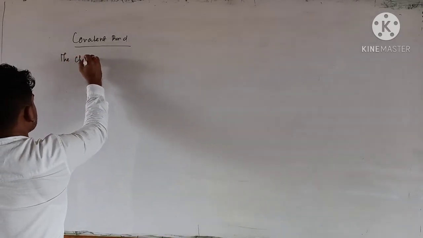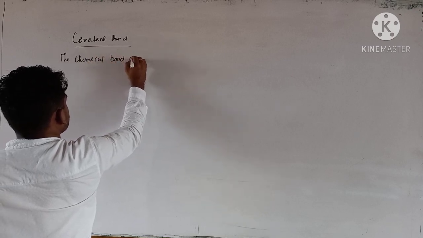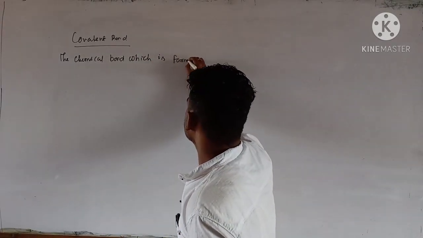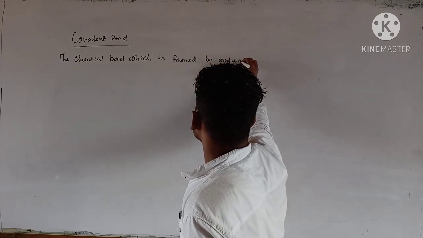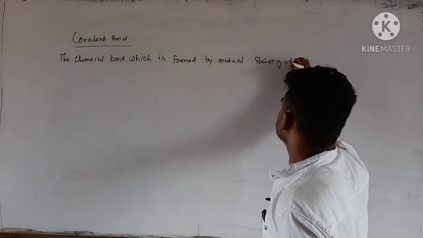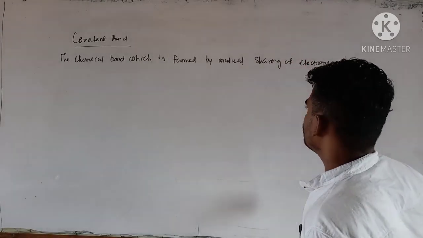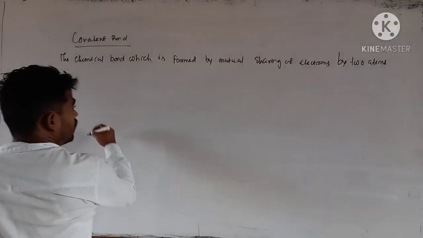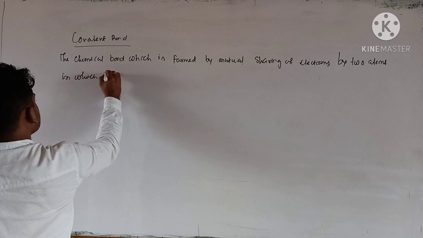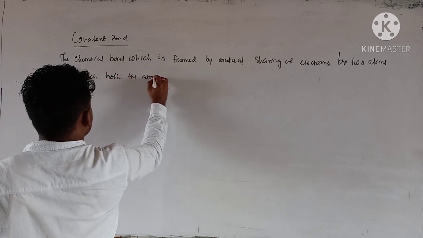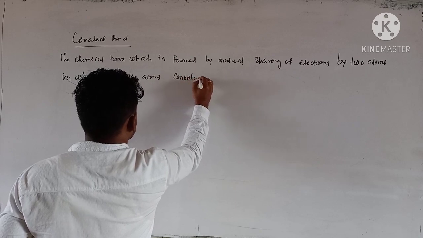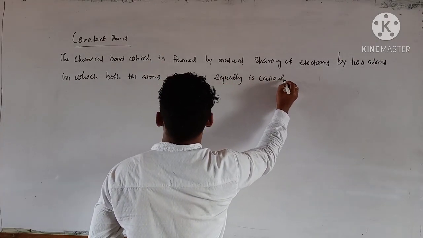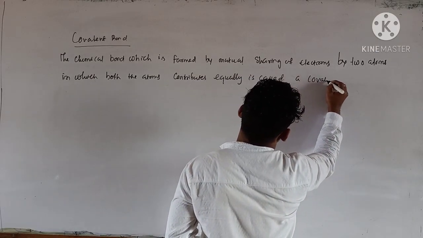The chemical bond which is formed by mutual sharing of electrons by two atoms, in which both the atoms contribute equally, is called a covalent bond.